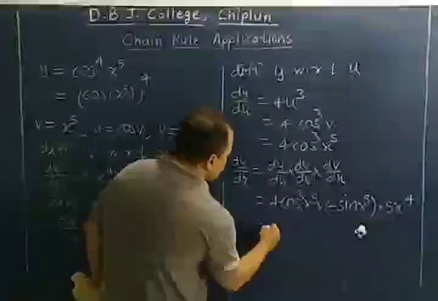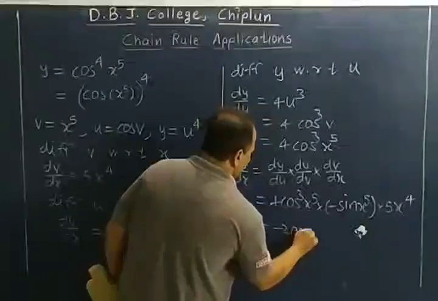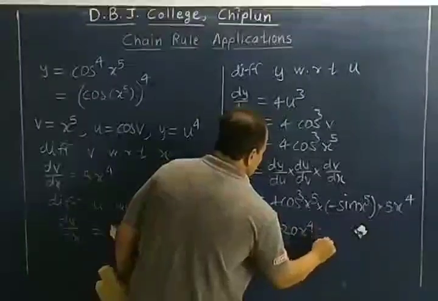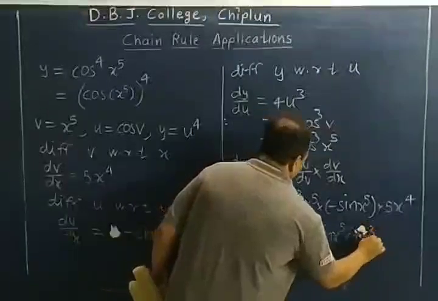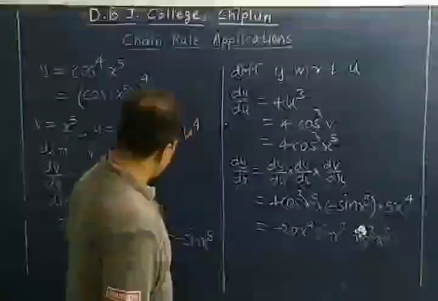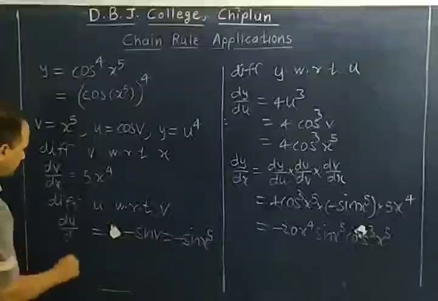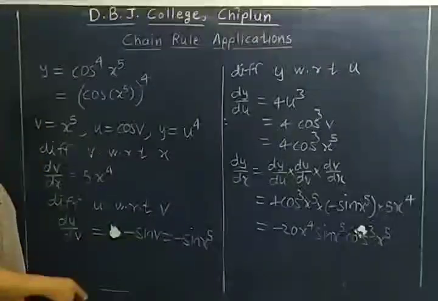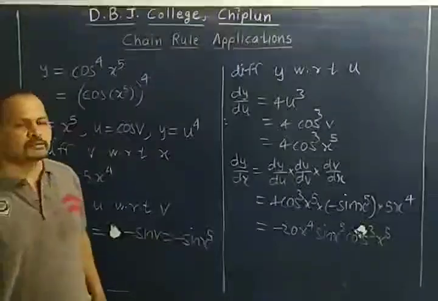Let us combine and write it neatly. Minus 20 x raised to 4 sin x raised to 5 cos cube x raised to 5. One correction over here. Here du by dx is not du by dv, because we are differentiating u with respect to v. Thank you.